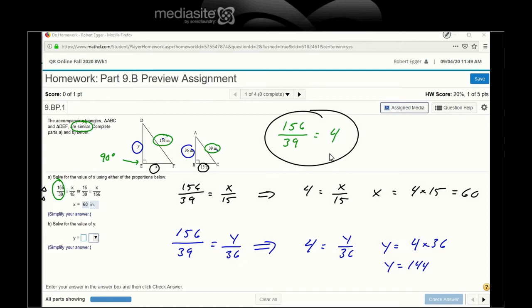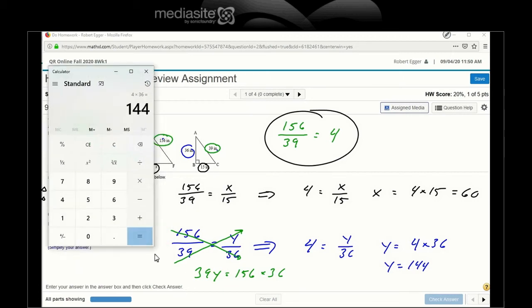Alternatively, we could have gone cross products, which would have given us 156 times 36 equals 39y, which is 5,616.